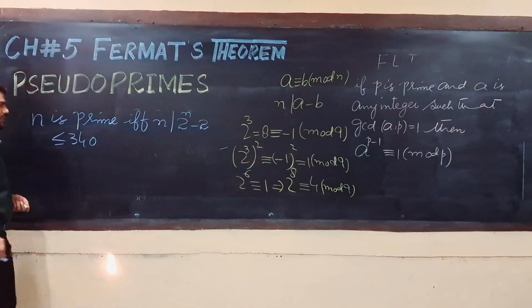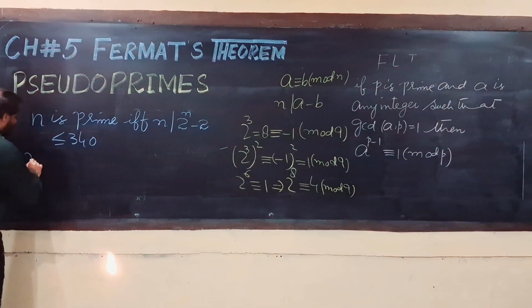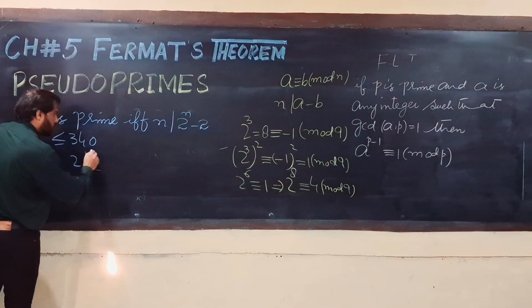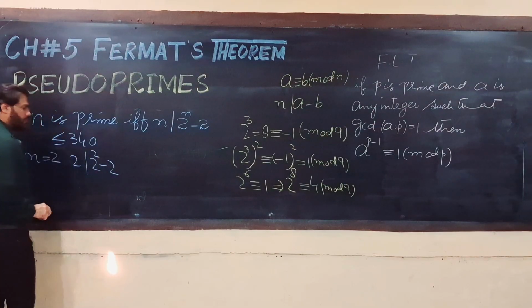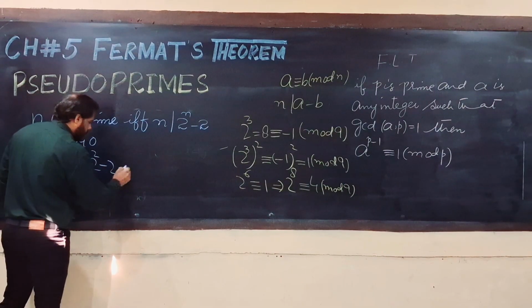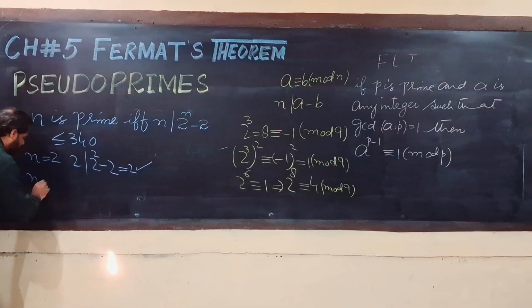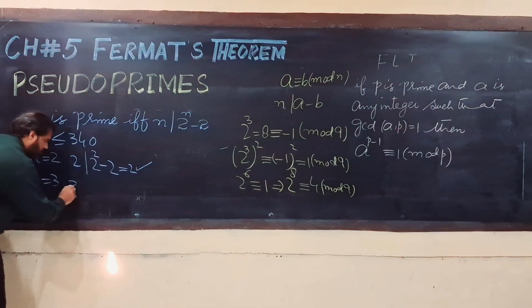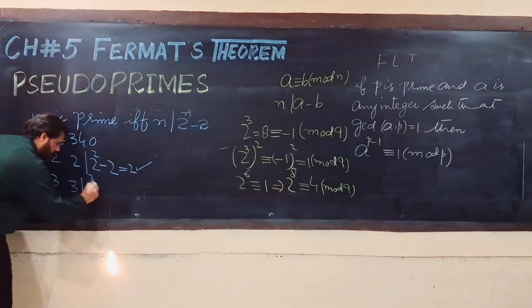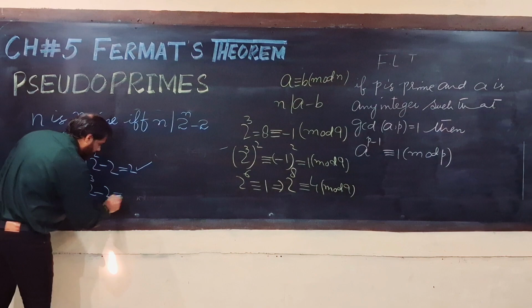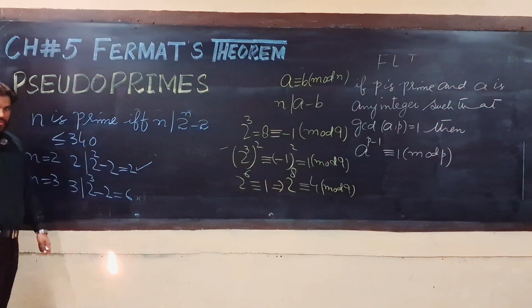For example, if you take n equal to 2, that is the first prime, you can check that 2 divides 2 squared minus 2. 2 squared is 4, 4 minus 2 is 2, and 2 divides 2, this is true. If you take n equal to 3, 3 divides 2 raised to power 3 minus 2. 2 raised to power 3 is 8, 8 minus 2 is 6, and 6 is divisible by 3, this is also true.